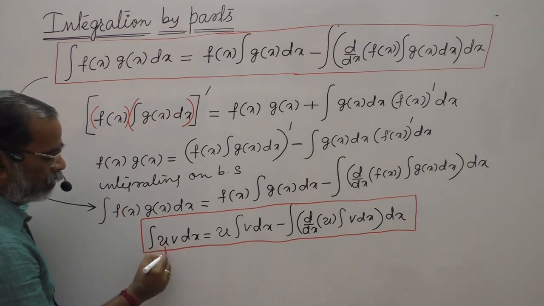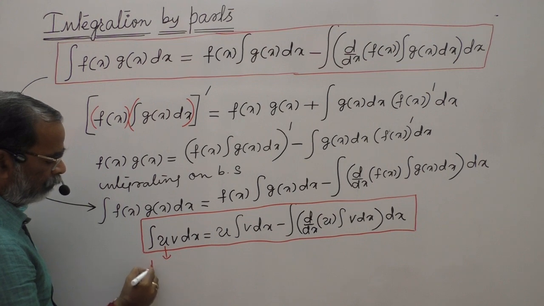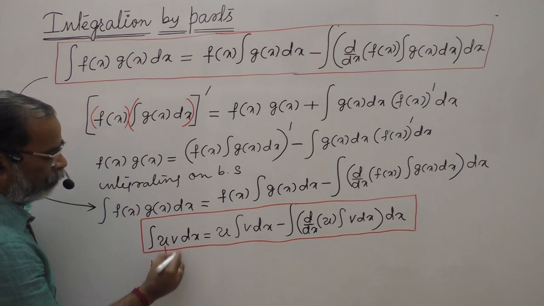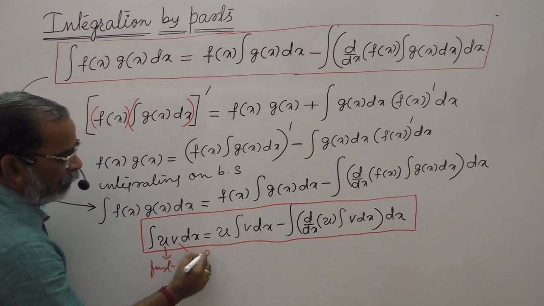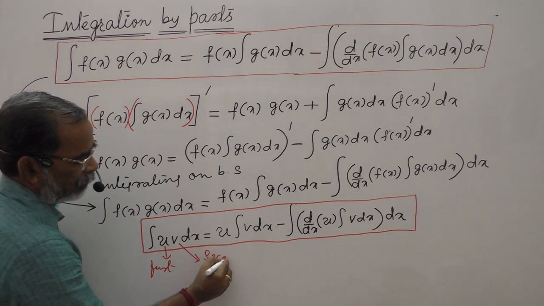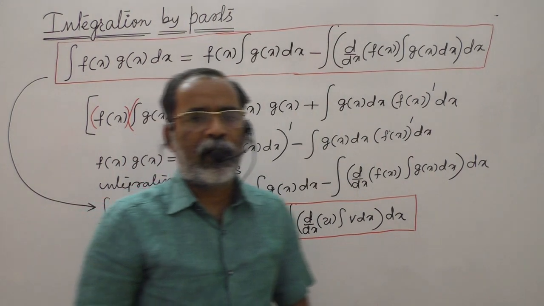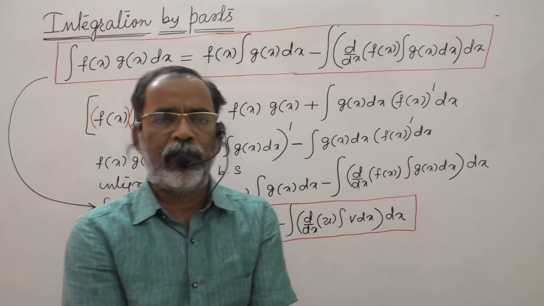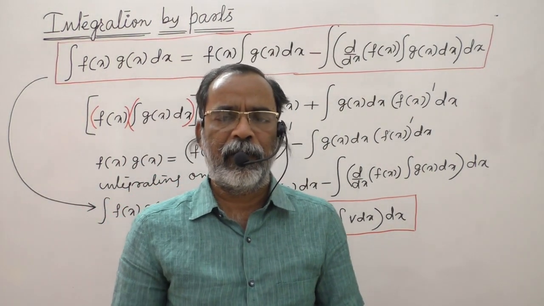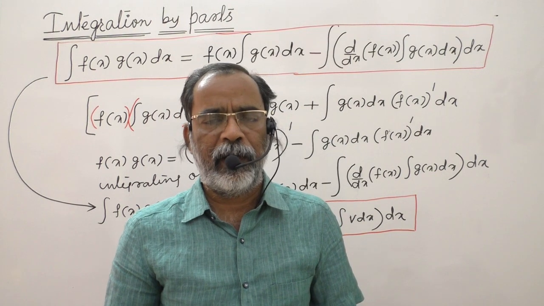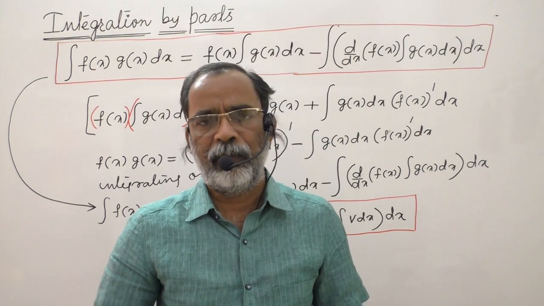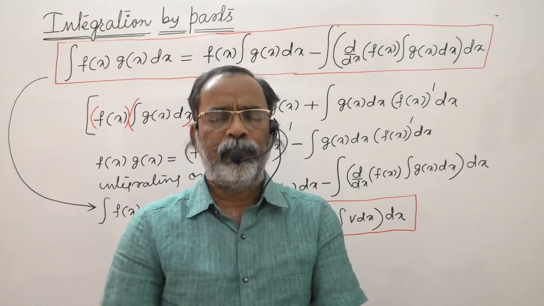Here u is called the first function and v is called the second function. When two functions are given, which is to be taken as the first function and which as the second function? There is a rule.